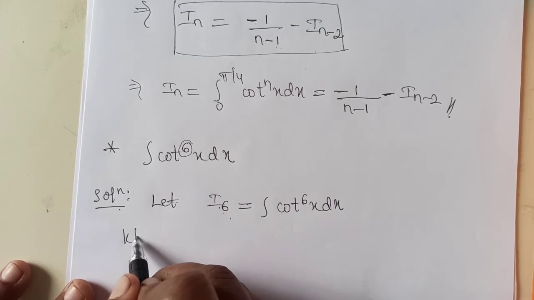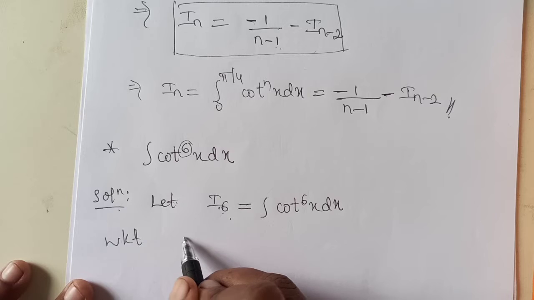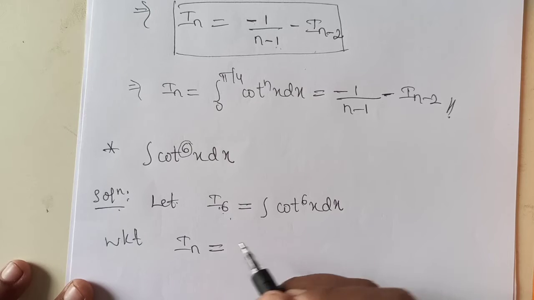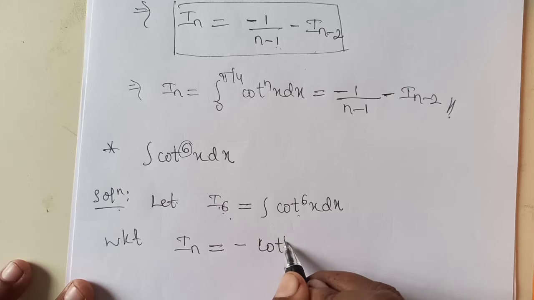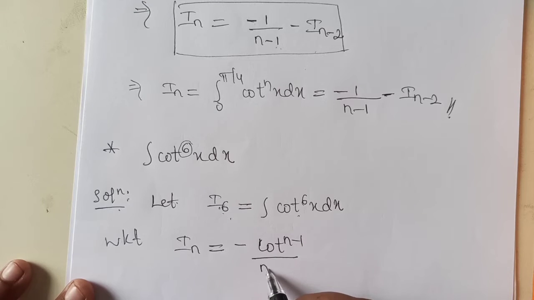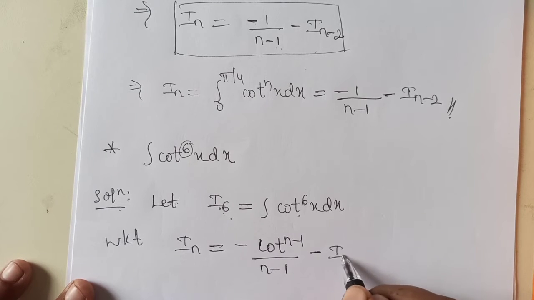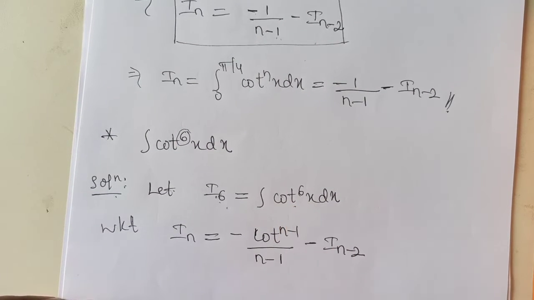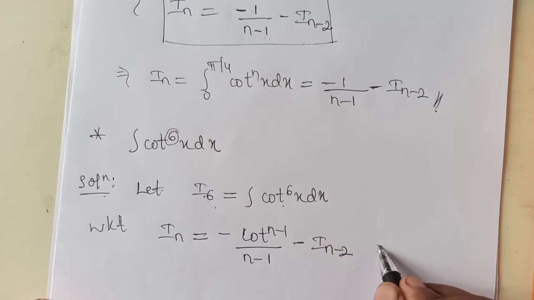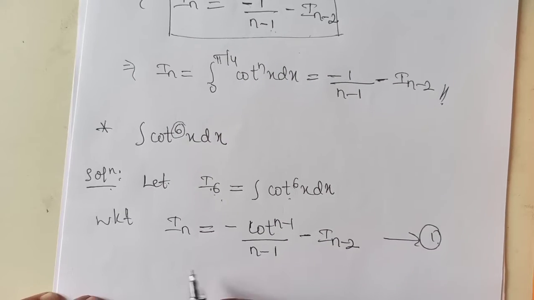By the reduction formula we know that I_n equals minus cot power n minus 1 x divided by n minus 1, minus I_{n-2}. This is the reduction formula for integration cot power n x dx. Consider this as equation 1.